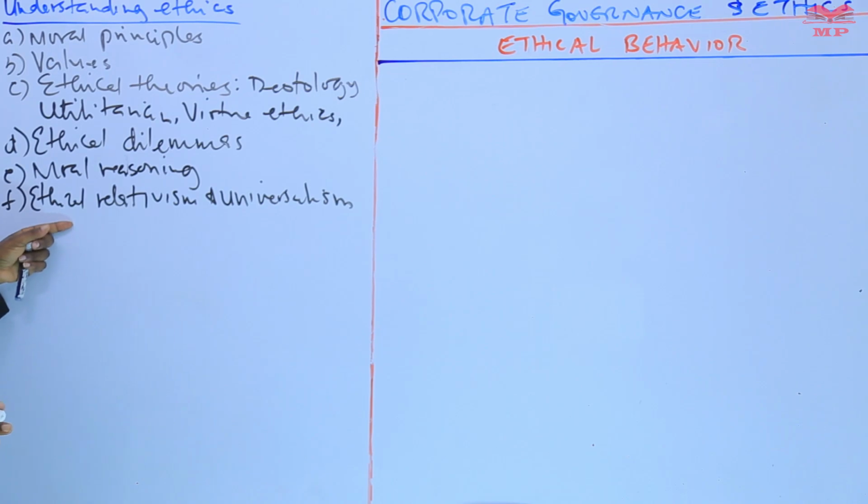Whereas ethical relativism argues that what may be considered wrong or right will vary depending on cultures and so on. So to understand ethics, one has to know about ethical relativism and universalism.